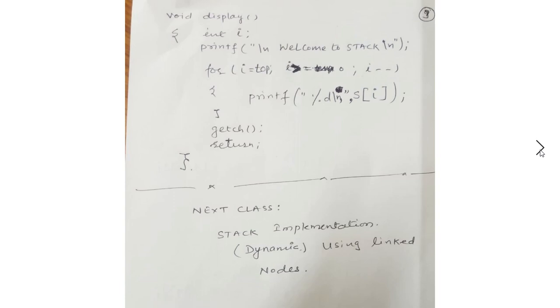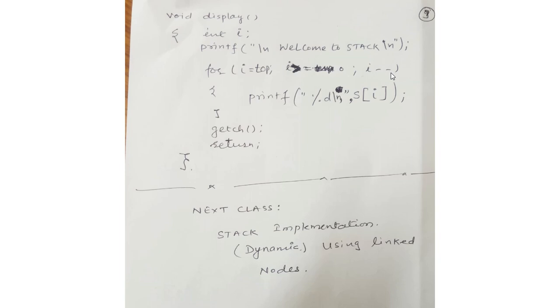Now you see, at any point of time the user can see the stack. So void display, int i, printf welcome to the stack. If I want to see how many elements are there in my stack, then I can do from top: i equals to top, i greater than equals to 0, i minus minus.